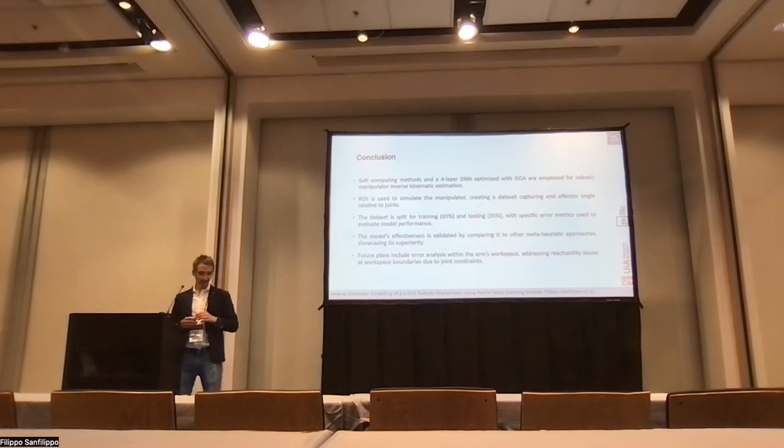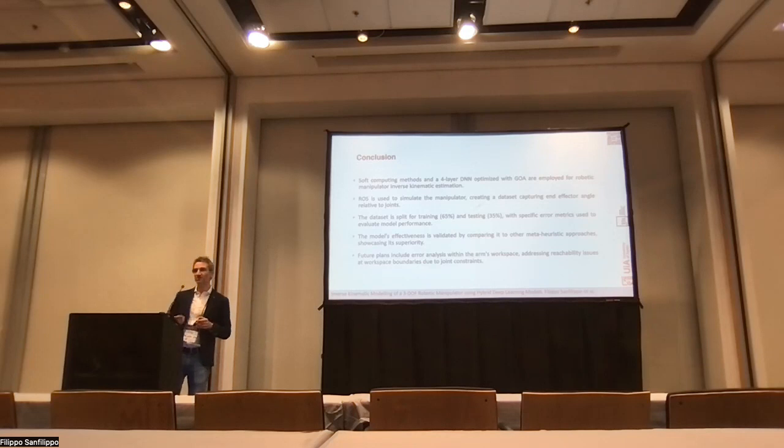We have some preliminary results looking at the tracking of the joints, and the performance seems to be promising. We obviously need to test this with a real robot, and we also need to see how the algorithm can scale to a bigger number of degrees of freedom.